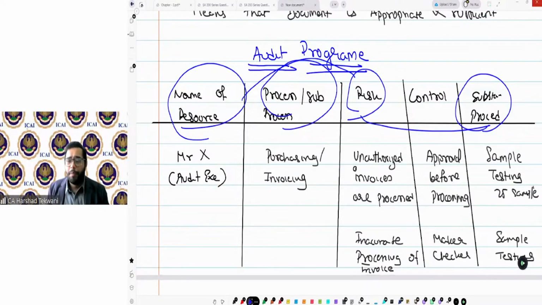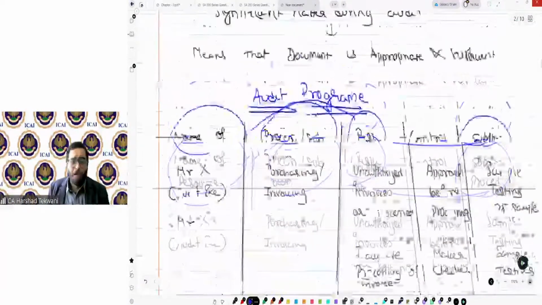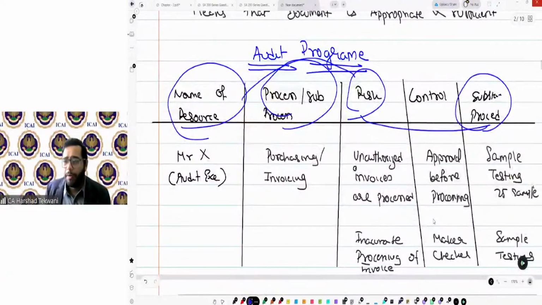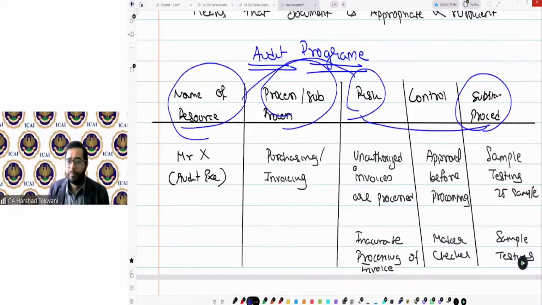Now, while formulating the audit program, a lot of things are considered. The audit program depends upon your detailed audit plan. The way you have designed your detailed audit plan, on the basis of that, your audit program will depend. Clear?